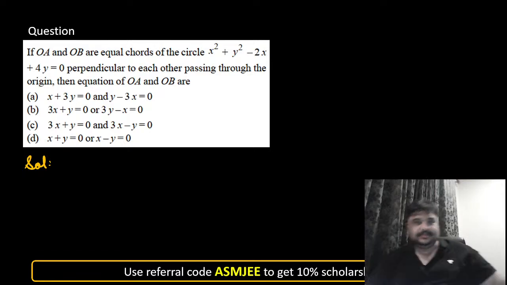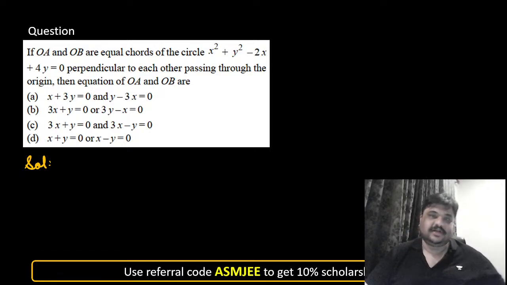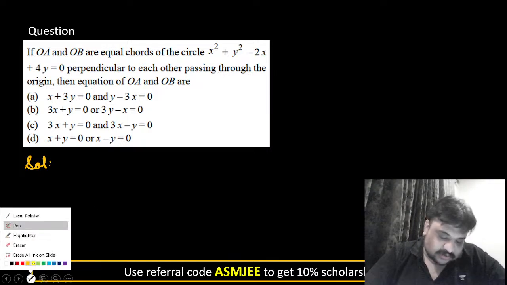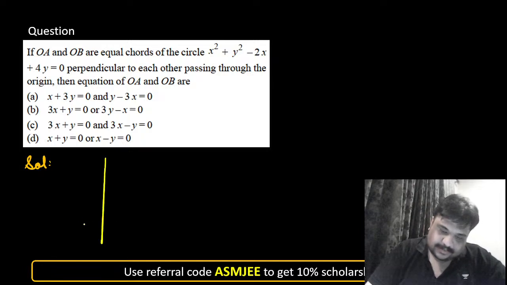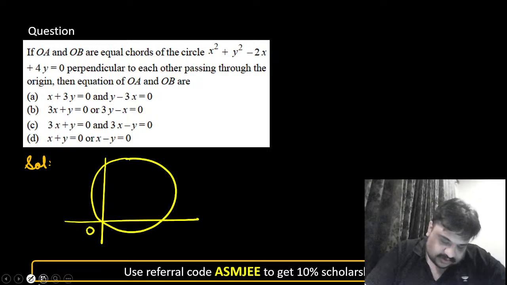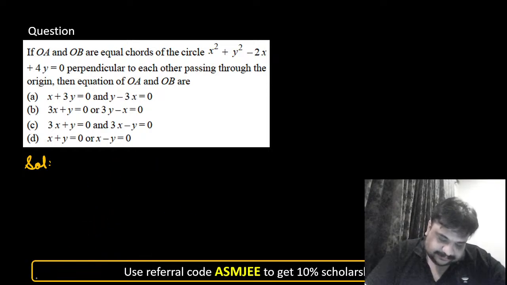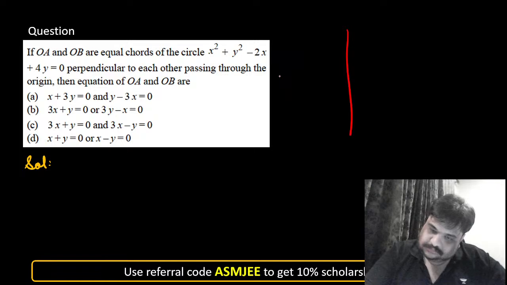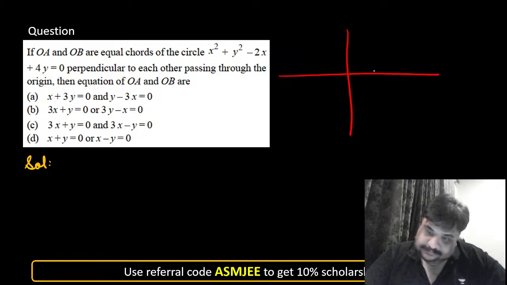Should I attempt now? OA and OB are equal chords of this circle, perpendicular to each other, passing through the origin. Okay, interesting. And the circle also passes through the origin. This is the origin. So there are two equal chords. Actually, let's draw a better diagram. This is the circle.